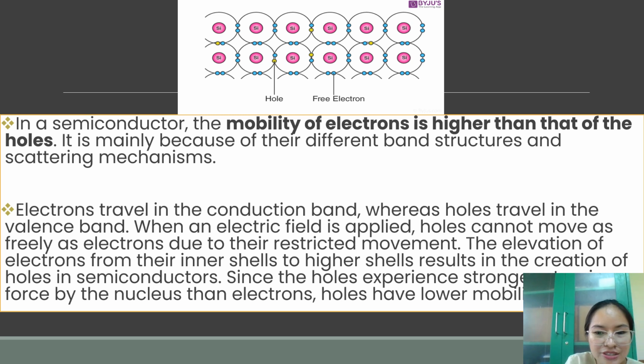When an electric field is applied, holes cannot move as freely as electrons due to their restricted movement. The elevation of the electrons from their inner shells to higher shells results in the creation of holes in semiconductors. Since the holes experience stronger force by the nucleus than electrons, holes have lower mobility.